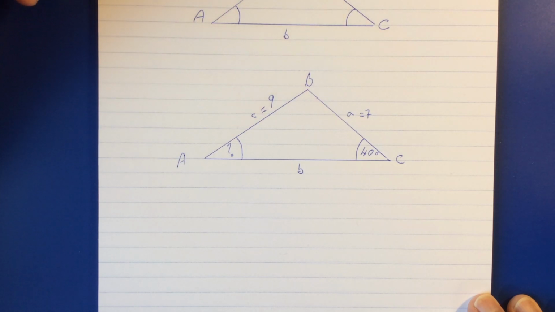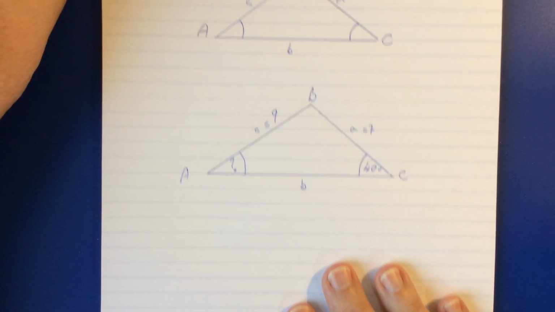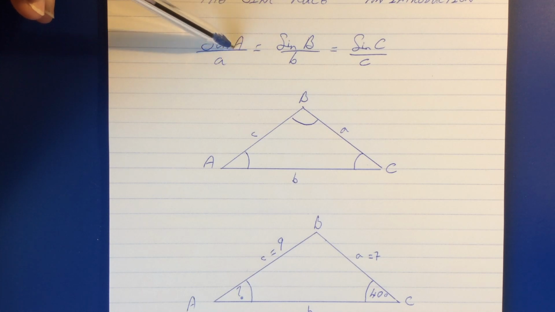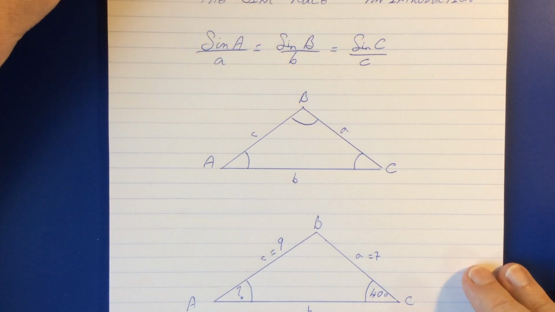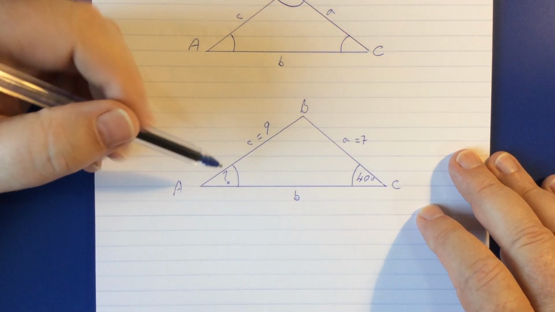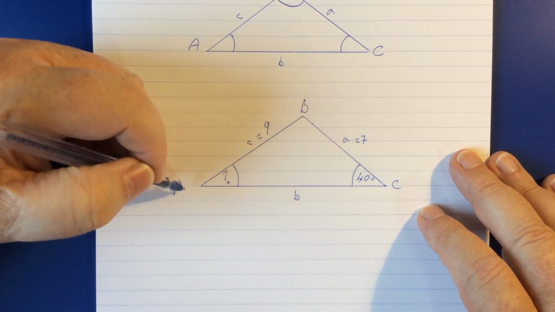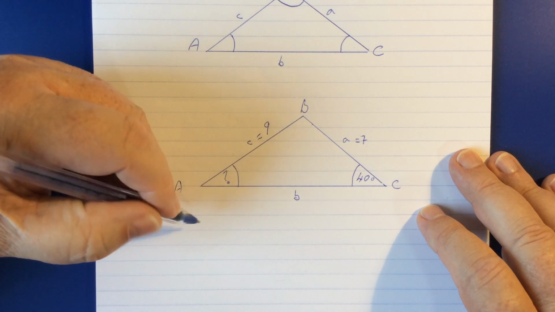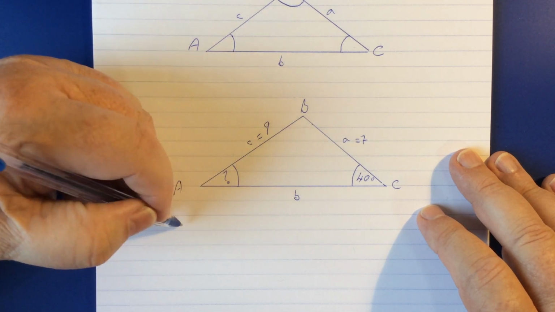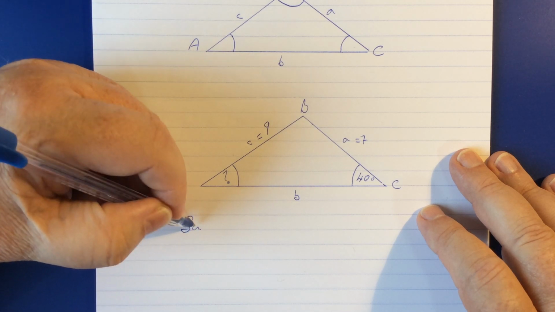So, as I said, with the rule, which is here, you usually only ever use 2 of these. And so what I've done here is I've deliberately set up A and C. So, what we know is we're looking for the sine of the angle of A. So we'll start here.